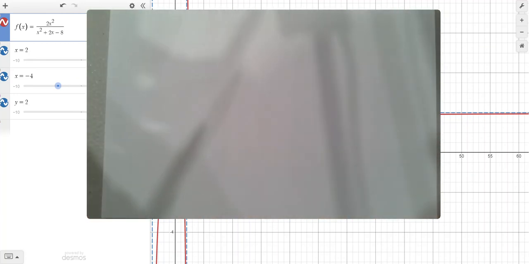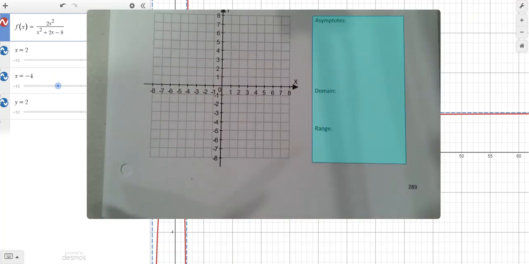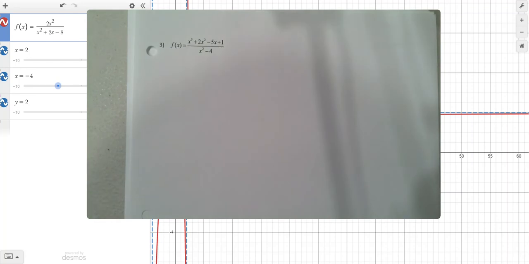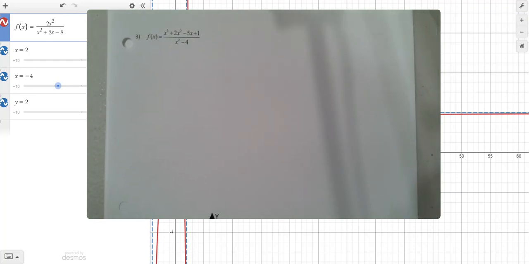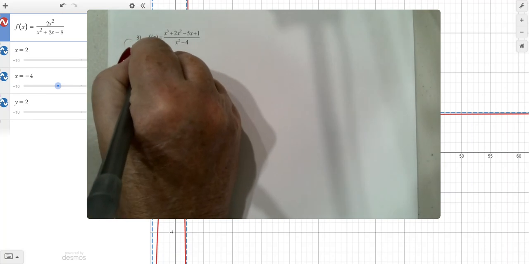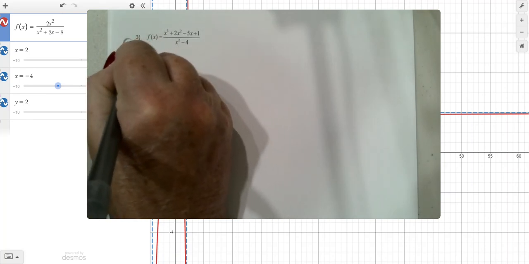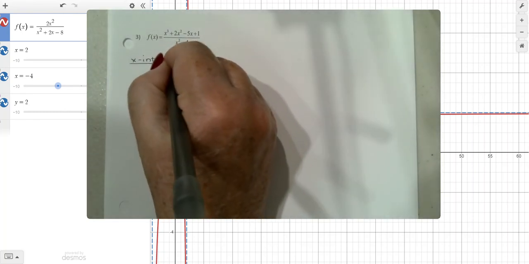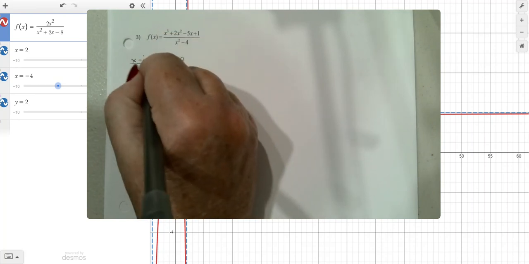All right, we have one more. And I'm going to start once again with my intercepts. For the x-intercepts, I want to set the y equal to 0, or the f of x equal to 0.